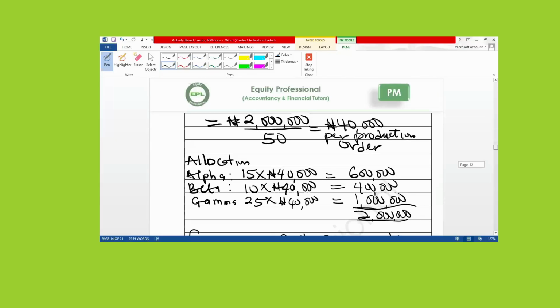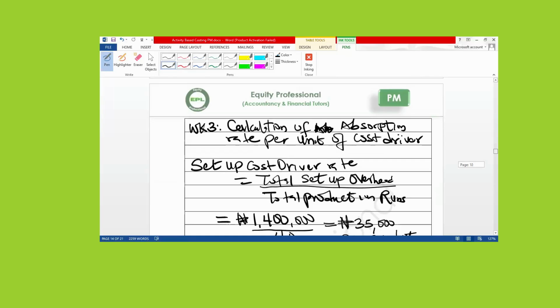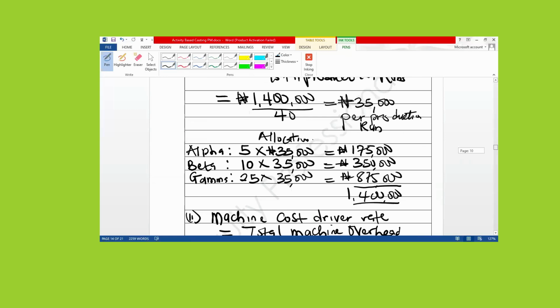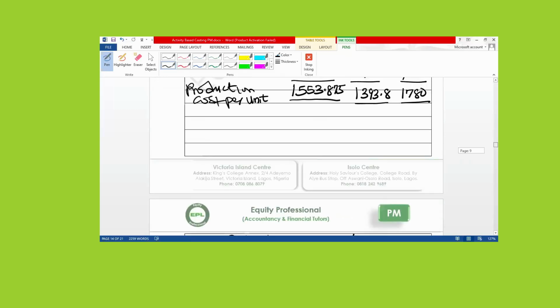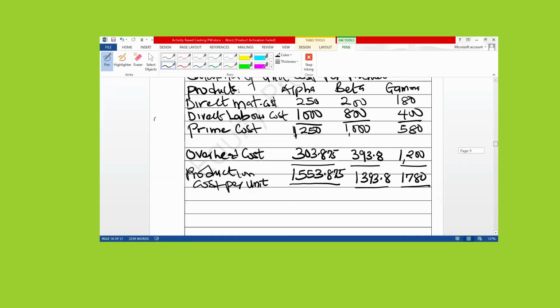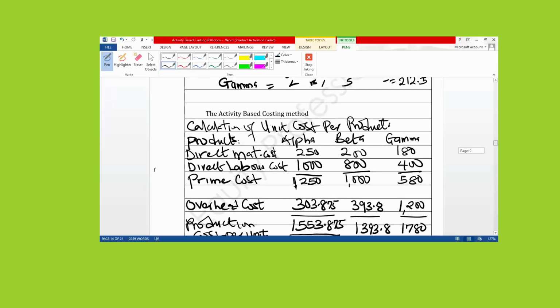Let us check production cost per unit using activity-based cost. Look at it here. 1553. Can we see it? Yes, sir.